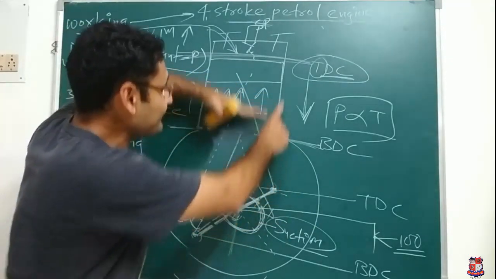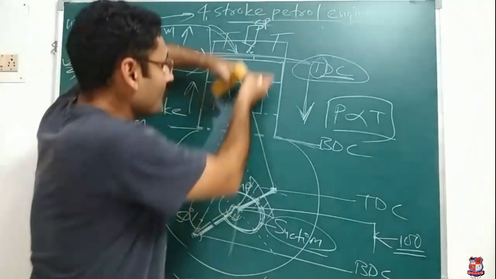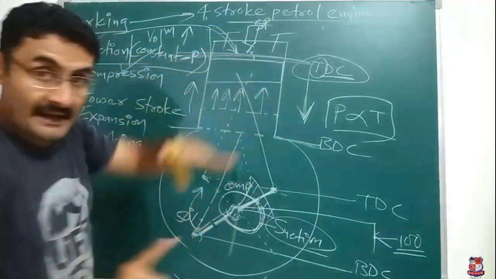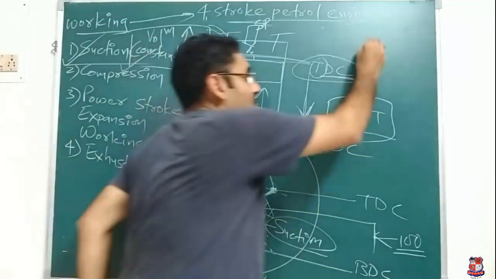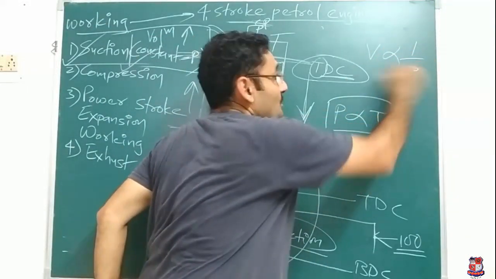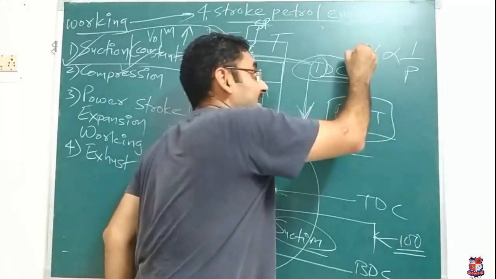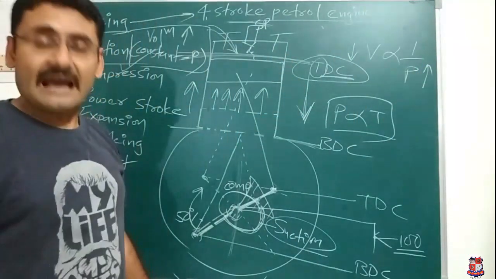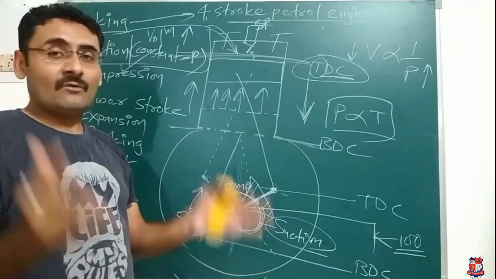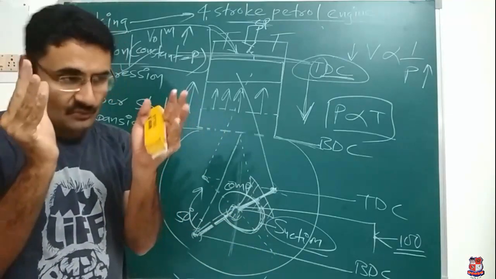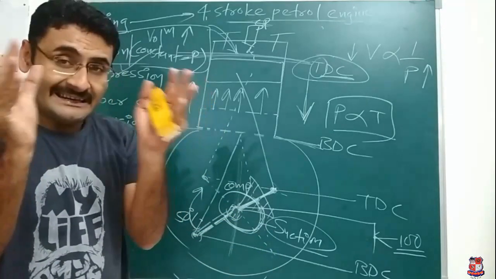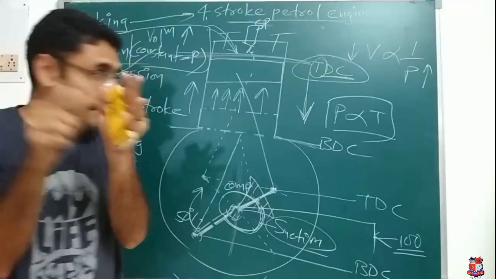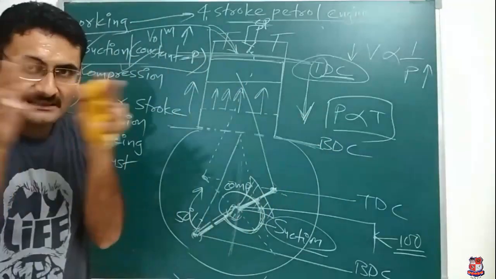During the traveling of the piston from BDC to TDC, what happens? The volume of the cylinder is decreasing, and if volume is decreasing, pressure is increasing. Volume is inversely proportional to pressure. If you increase the volume, what happens? Pressure is decreased. As for example, suppose I have one water balloon whose volume is that much, and if I decrease its volume, what happens? The pressure inside of the balloon is increasing.